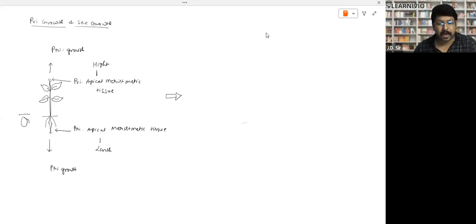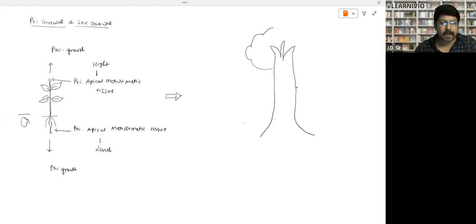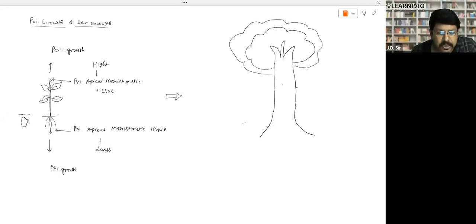So what exactly happened? Basically, the primary growth was increasing the height of the plant. But now what is happening? This stem was thin, but the thin stem has become thick.